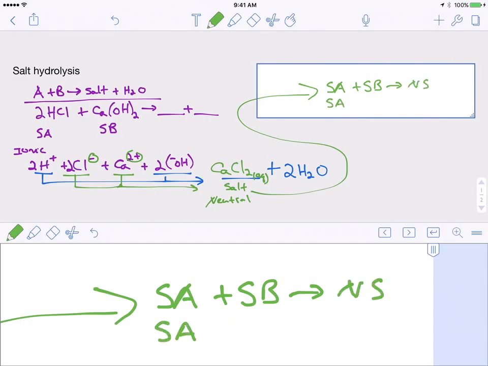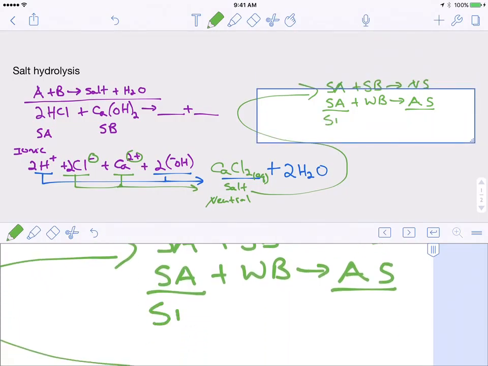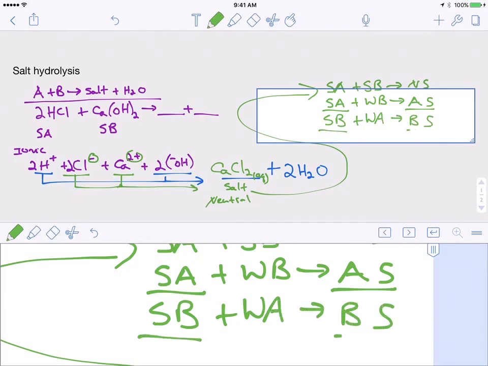A strong acid plus a weak base, well, that yields an acidic salt. I like to remember this as strong acid, Sa, acidic salt, As. And of course, you guessed it, a strong base plus a weak acid yields a basic salt, Sb, Bs. That's how I remember it.